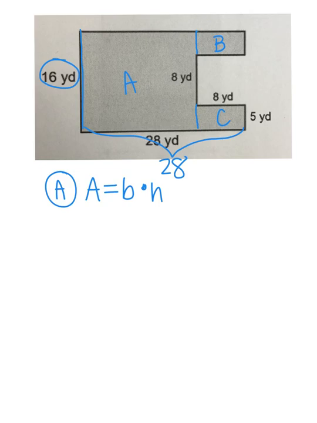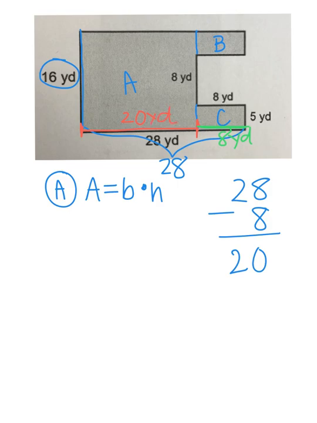We only want from here to here. So we need to take 28 and subtract it by our extra, which happens to be 8 yards. So if we do that, 28 minus 8, we find that our base of just our square is 20 yards.